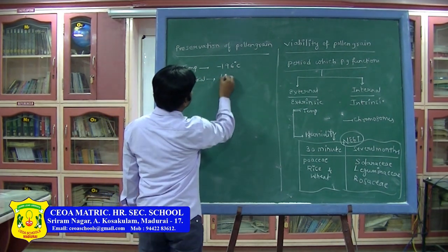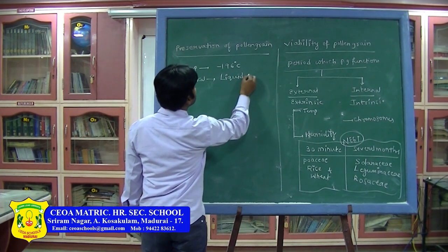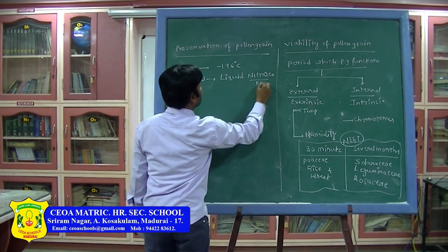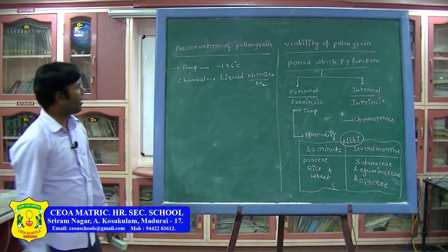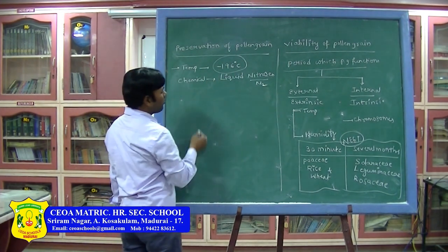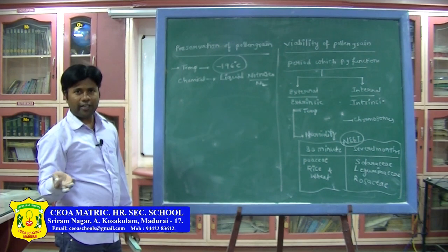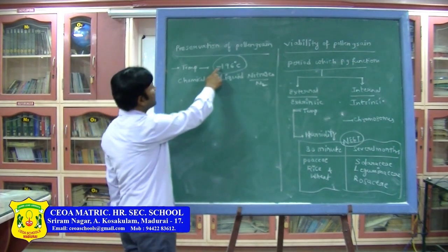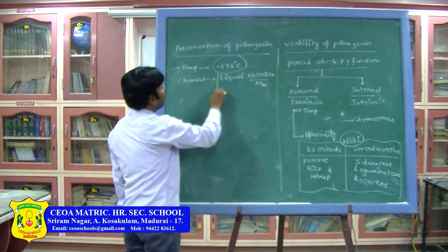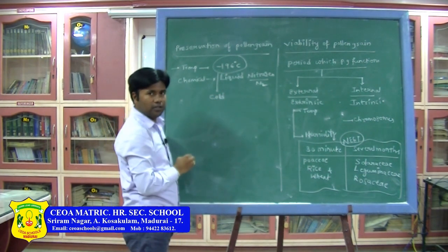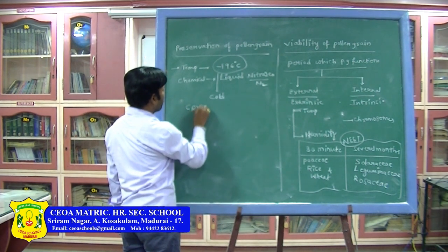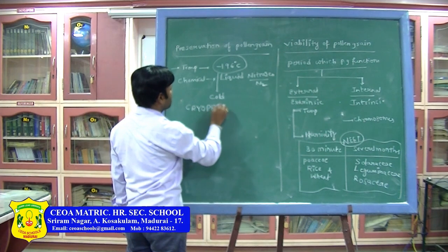That is liquid nitrogen, or N2. Okay. We know that at 0 degrees centigrade water becomes solid, but here there is a minus sign, which means a very cold temperature. That is why this preservation is called cryopreservation.